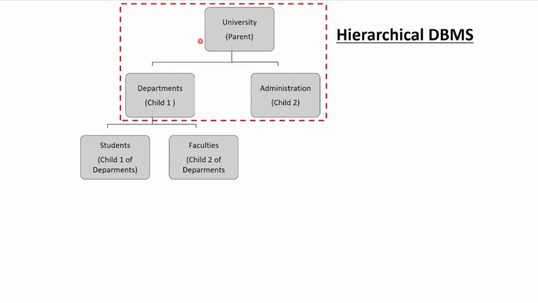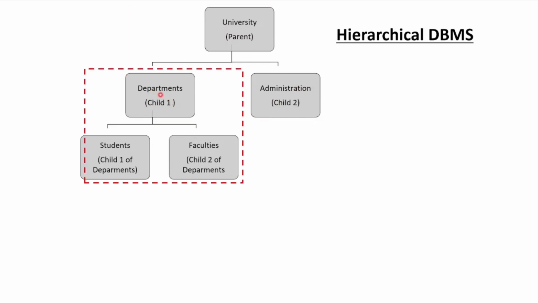So there is only a relationship between parent and child. Again, the departments have two children, so now department becomes the parent of these two children: students and faculties. There are only two layers, so you cannot link the student and the university.